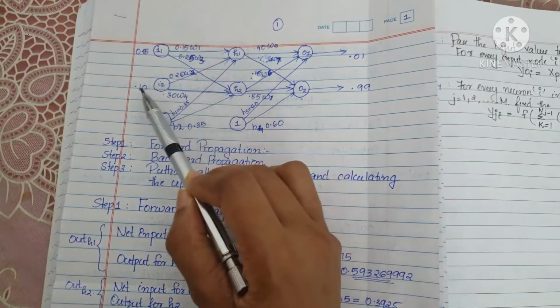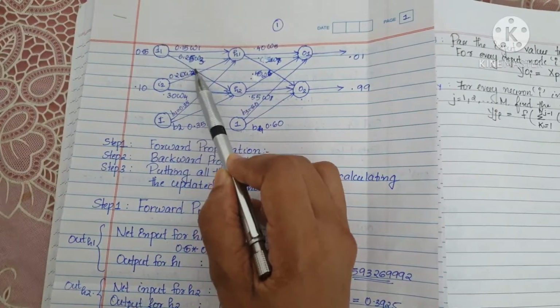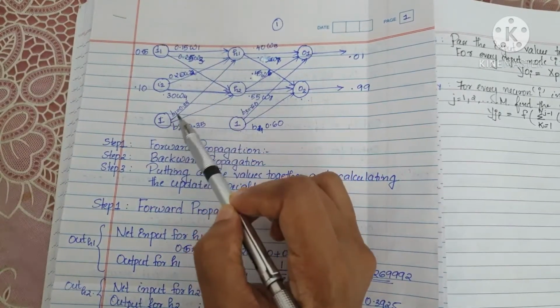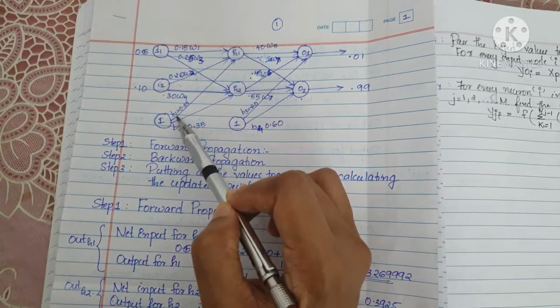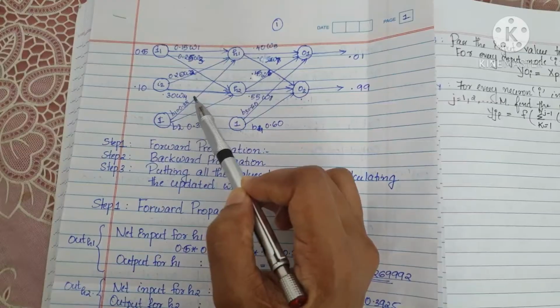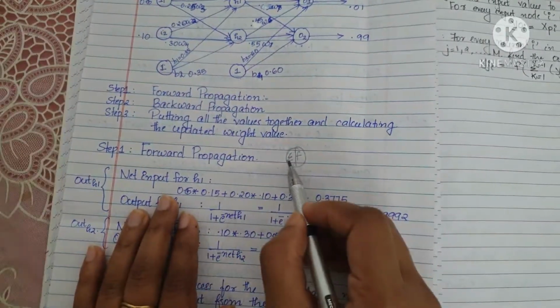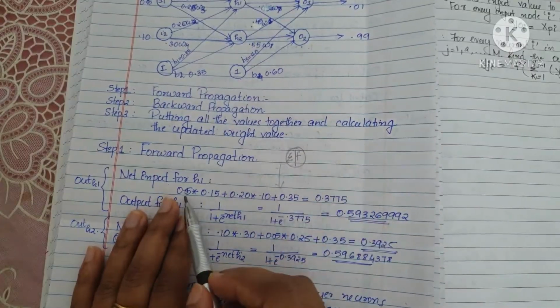So plus 0.10 into 0.20 plus another value, that is bias B1, which is equal to 0.35. So this is our summation part.